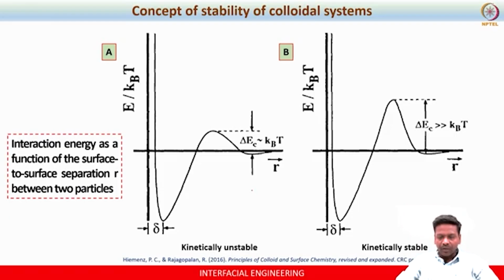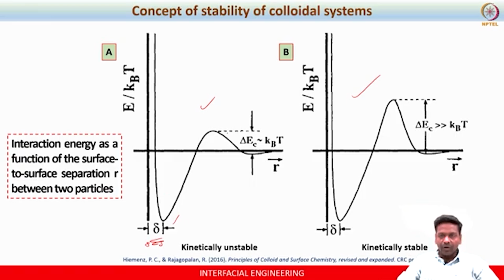The best example of a kinetically stable system will be when they go through this profile, compared to this one. If you look here, the secondary minima and primary minima, whenever a particle reaches this distance of separation, there will be a primary minima, and when it goes through this primary minima, there will be irreversible attraction. Due to irreversible attraction, there will be aggregation. Once the aggregates are formed, it is very difficult to separate them, right?